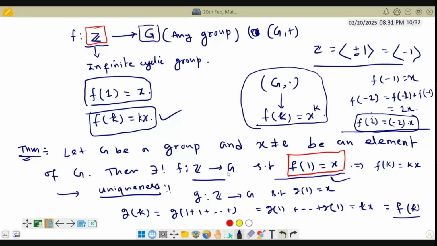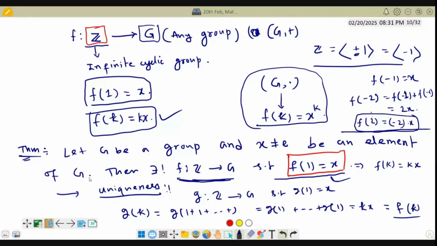You have seen the order of an element; you can define it from the kernel of this f. This f is so special, because using this theorem you can define the order of an element.